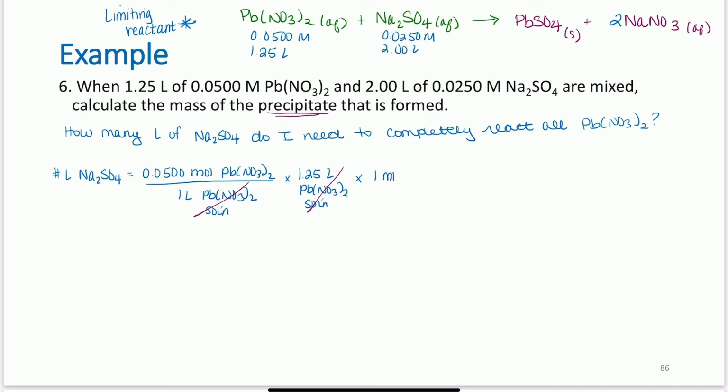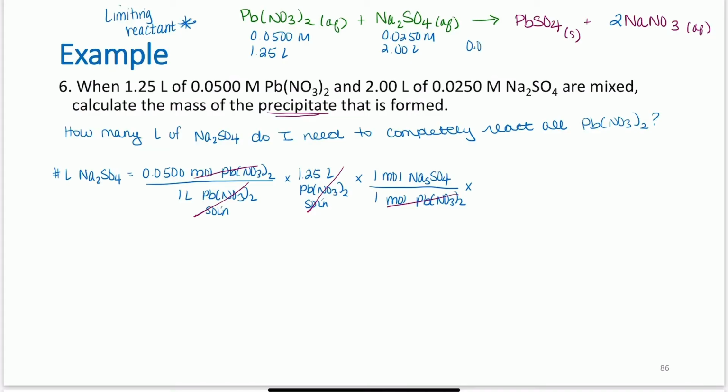So I see that 1 mole of sodium sulfate reacts with 1 mole of lead 2 nitrate. This cancels out my moles of lead 2 nitrate and gets me to moles of sodium sulfate. And now I'm going to use that molarity to figure out the number of liters I need of sodium sulfate. So I have a 0.0250 molar solution.